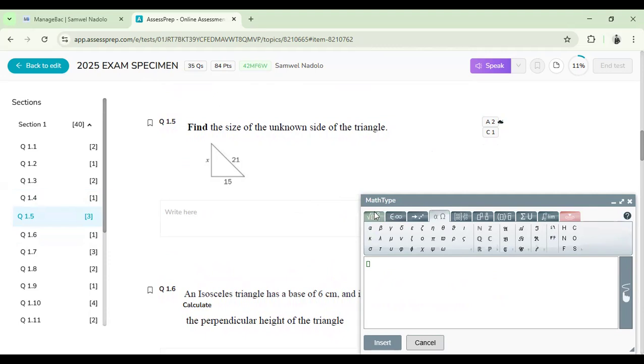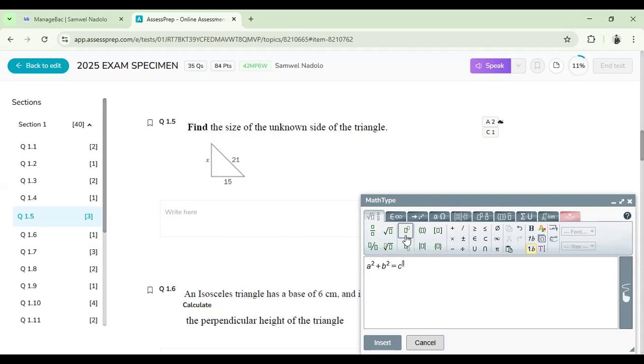You can choose to rewrite here the Pythagoras theorem, but it is not required. It is a squared plus b squared is equal to c squared, where these are the sides of the triangle.